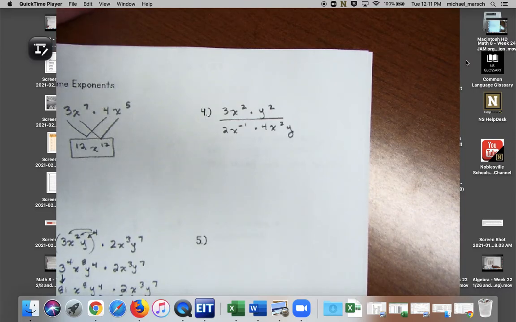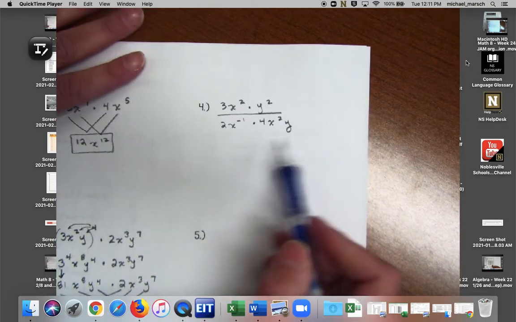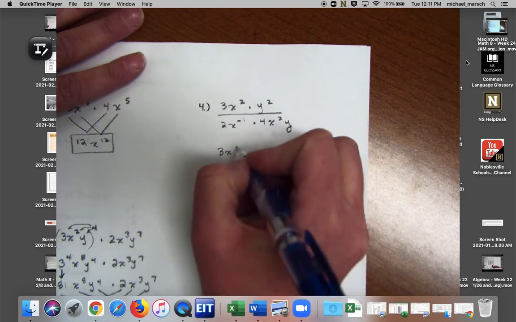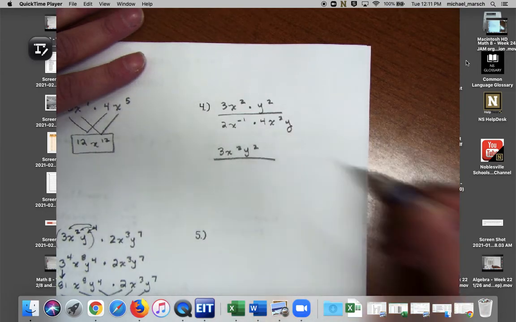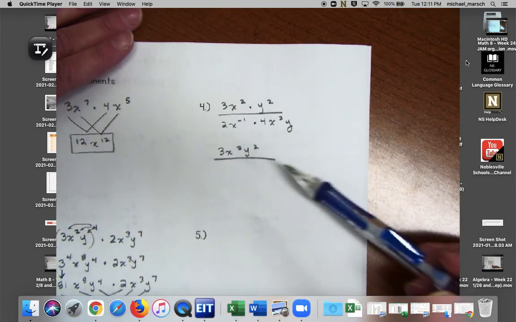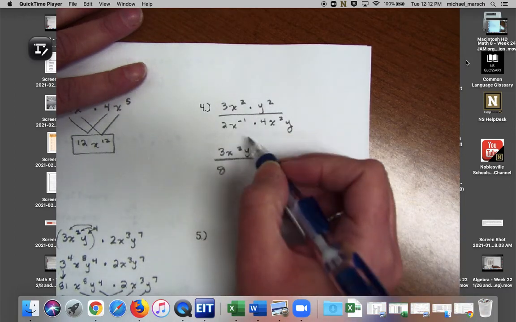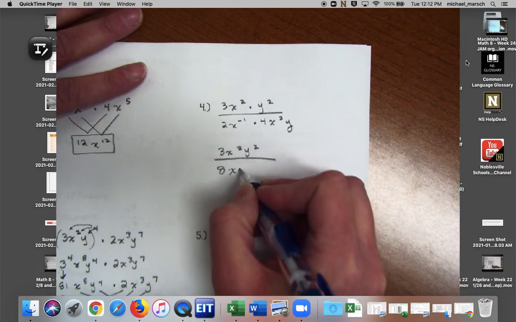So the first thing I'm going to do is I'm going to simplify the denominator. I'm going to multiply and combine all these things where I can. So my numerator is going to stay the same. 3x squared y squared. And then 2 times 4 is 8. x to the negative 1 plus 2 is going to be x, and then I just have the y.